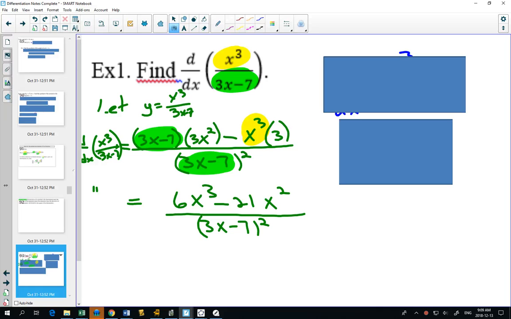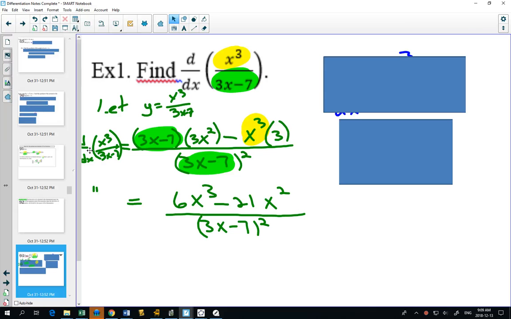I will tell you that if I ask a question in this notation and on a quiz or test you just write dy dx, I will not deduct for a notation error. I know in the grade 12 pre-calculus exam, remember those E errors, right? There is an E3 for introducing a variable that wasn't there originally.